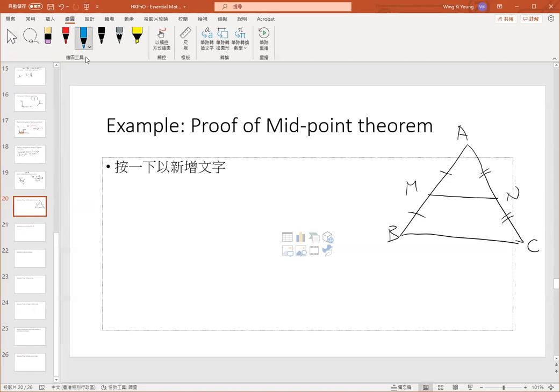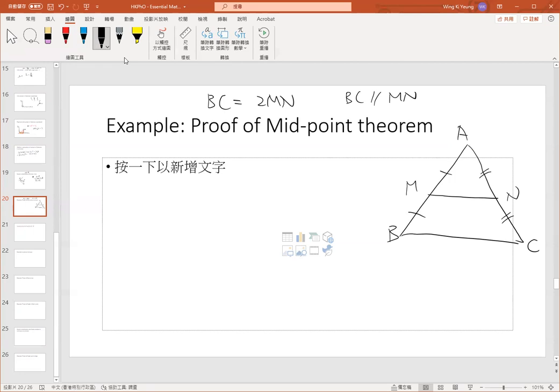But let's do it using vectors. I'm not stating the midpoint theorem in detail. What we are going to prove is that M is the midpoint, and we are going to prove that BC equals 2MN, and also BC is parallel to MN.